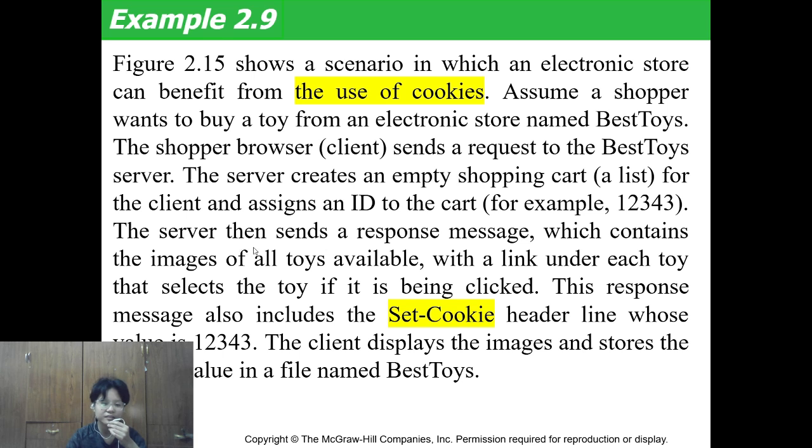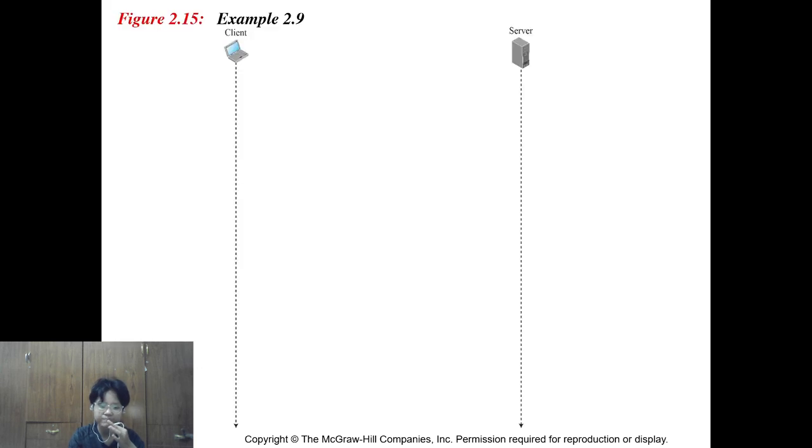The server then sends a response message, which contains the images of all toys available, with a link under each toy that selects the toy if it is clicked. This response message also includes a Set-Cookie header whose value is 12343. The client displays the image and stores the cookie value in the file named BestToy.